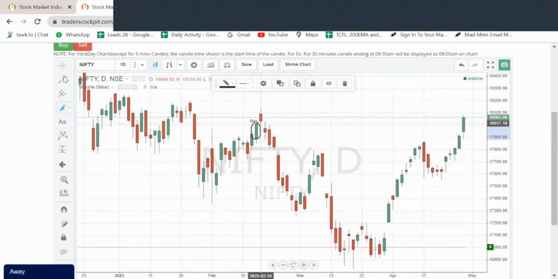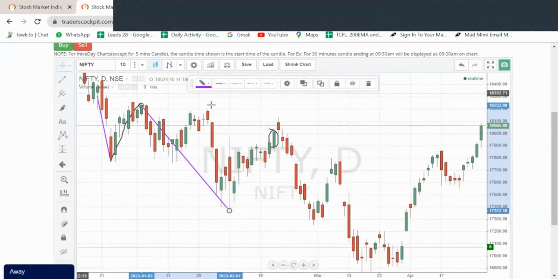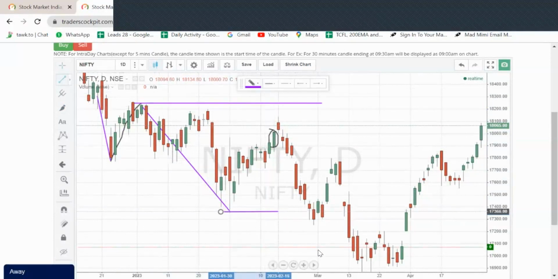Now I'll go to the market structure. See what exactly the market was doing. The market made a low, then made a lower high, then again made a lower low till here. After this low, we had this lower high, then this low we are trading.